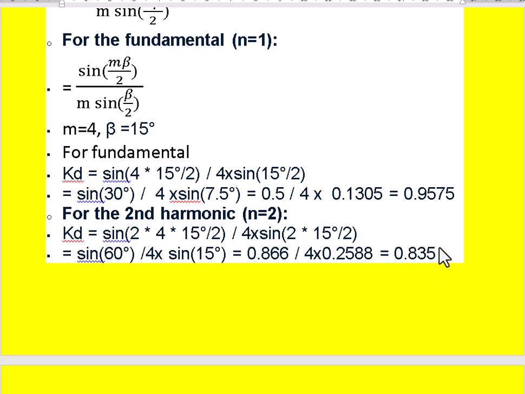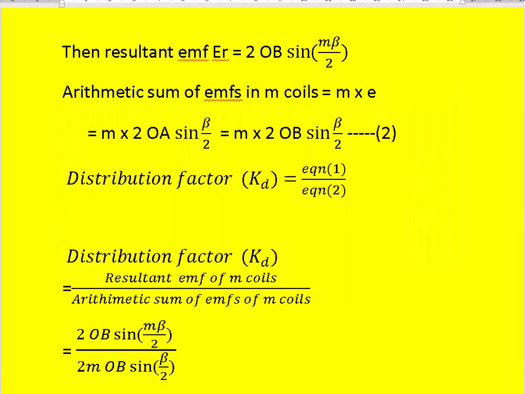After simplification we get 0.835. In general, when harmonics other than the fundamental are present, the distribution factor reduces. Once the distribution factor reduces, automatically the voltage generated from the generator also reduces.